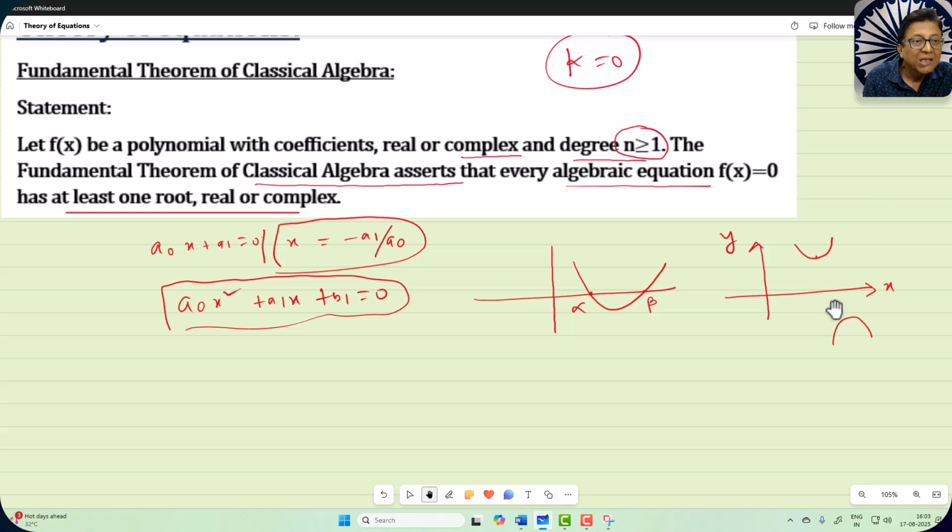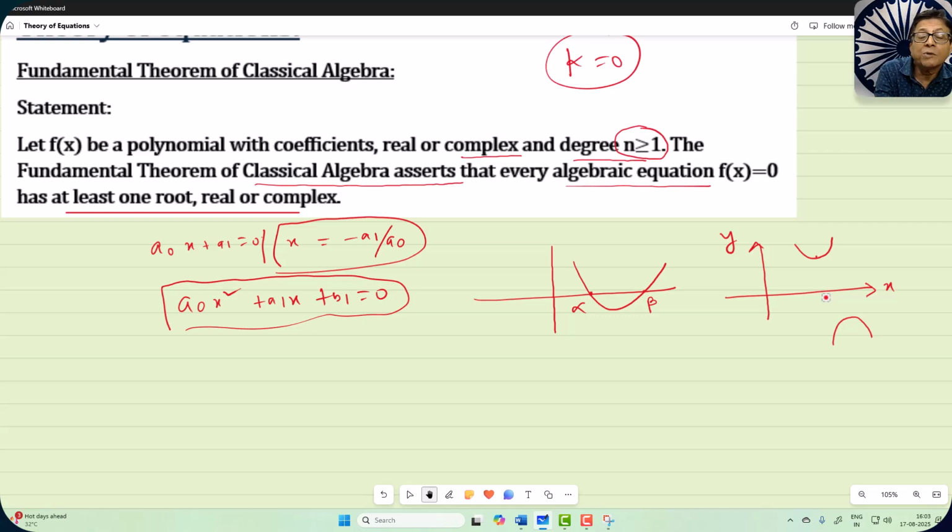Now, this fundamental theorem ensures that an algebraic equation has at least one root, maybe real, maybe complex. But a quadratic equation, you know, has two roots. So, when we have stated the theorem, it is true for all equations.